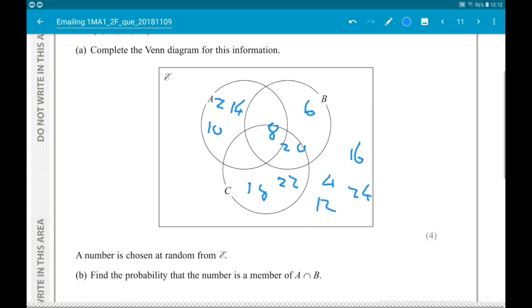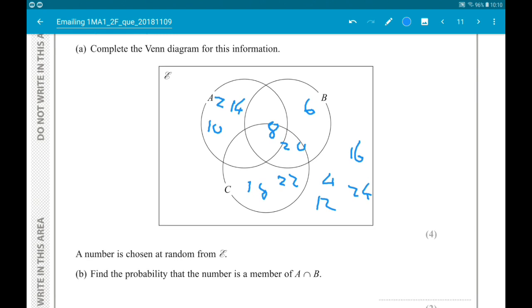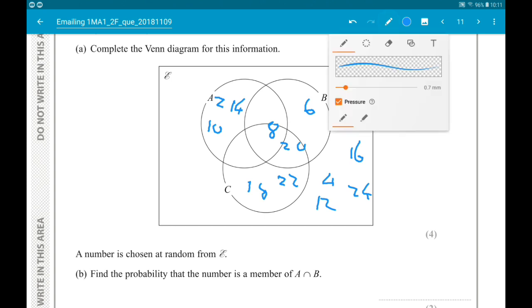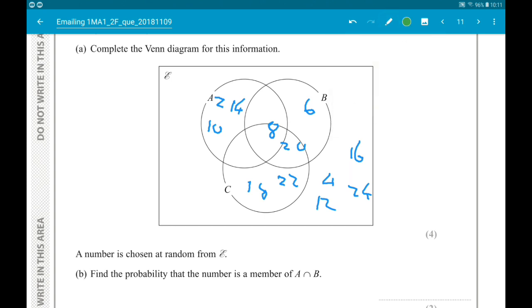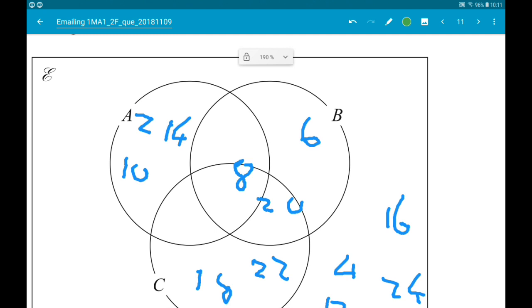Part B then tells us a number is chosen at random from the universal set. Find the probability that the number is a member of A intersection B. So what that means is the overlap of set A and set B. So we're interested in every number inside that part.